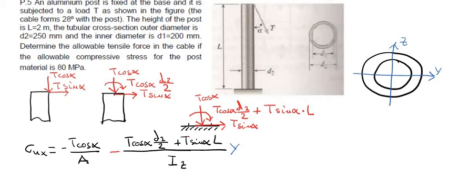In this lower cross section, the condition is that the maximum normal stress in compression, produced when y is positive, is lower than 80 megapascal, and this happens when y is equal to d2 divided by 2.